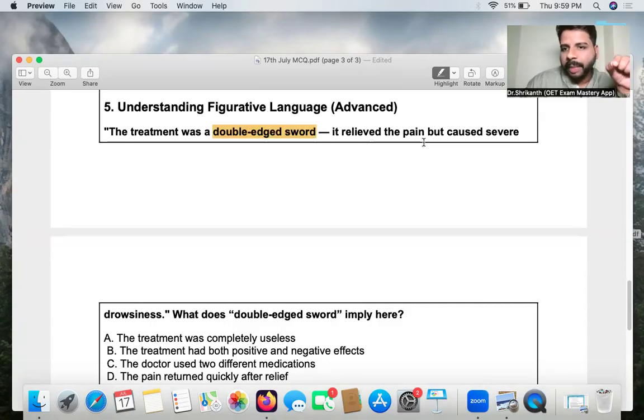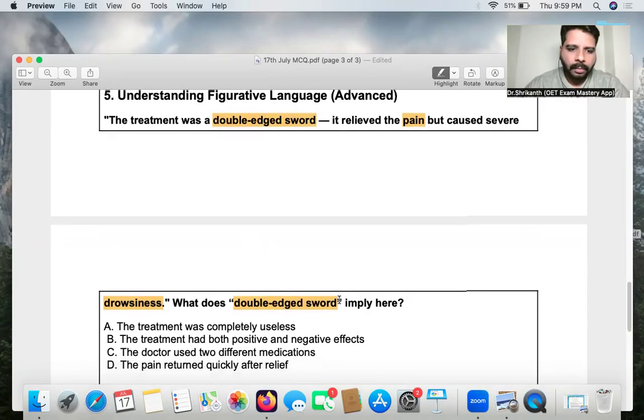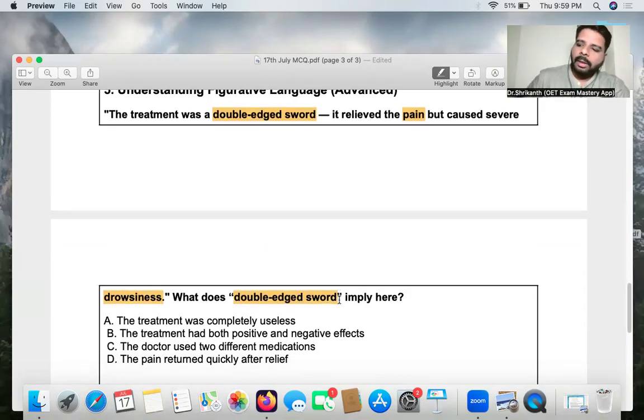It relieved the pain, but caused severe drowsiness. What does double-edged sword imply here? So this is slightly difficult. Here you need to have very good vocabulary skills. Double-edged sword. This is very common. I have seen this phrase in OET question papers.